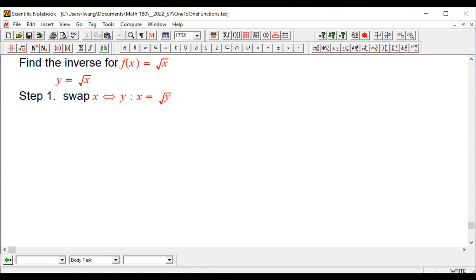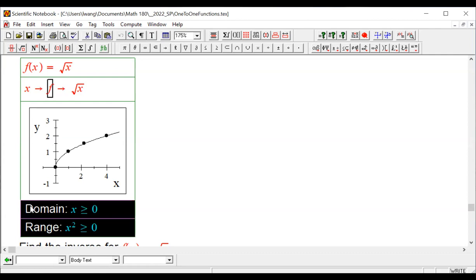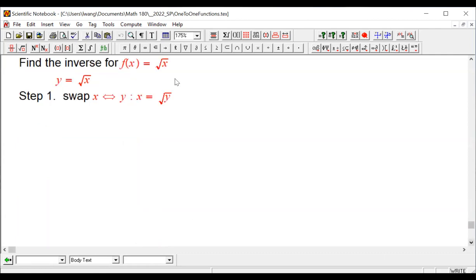And at the same time, what happened before the swap? Before the swap, x is from the domain.